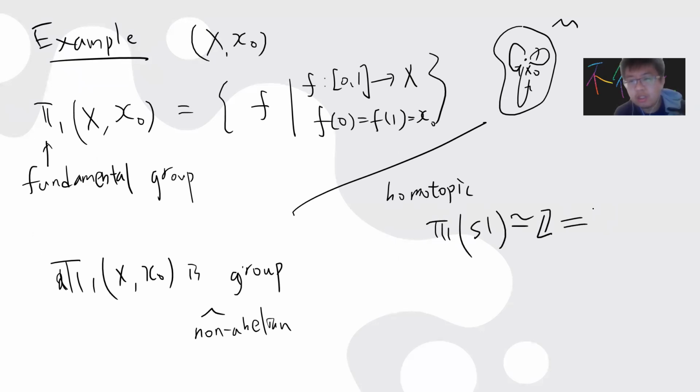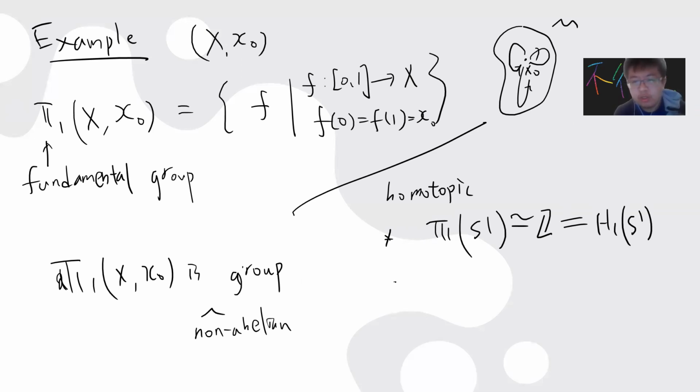And this is the same as the homology of the circle. And by the way, this is not an accident. Basically, you can prove that the first homology is the abelianization of the fundamental group. But there can be non-abelian examples.